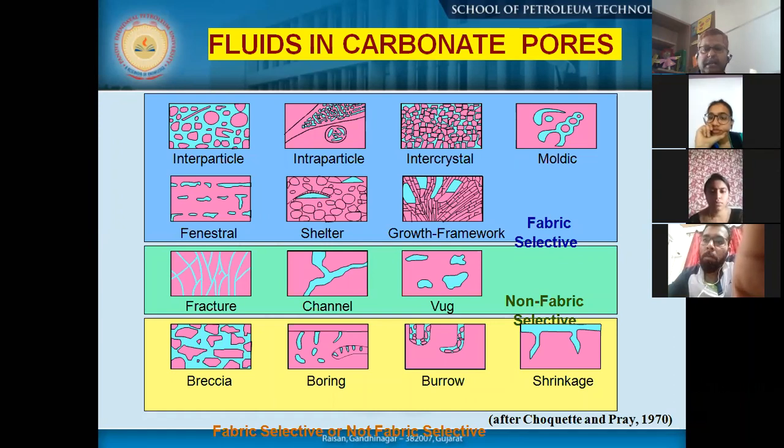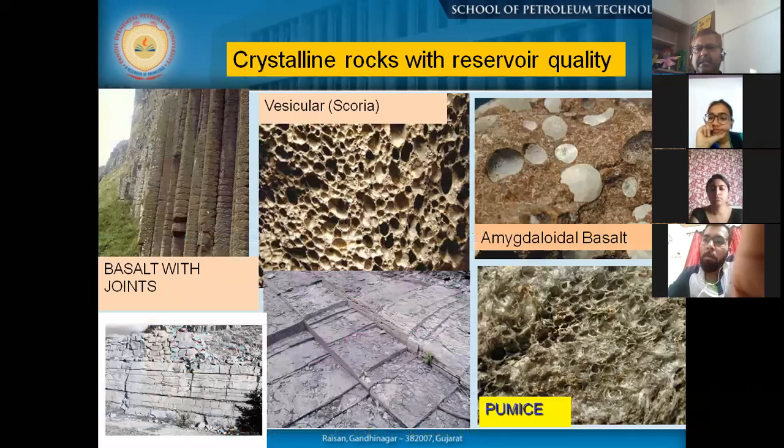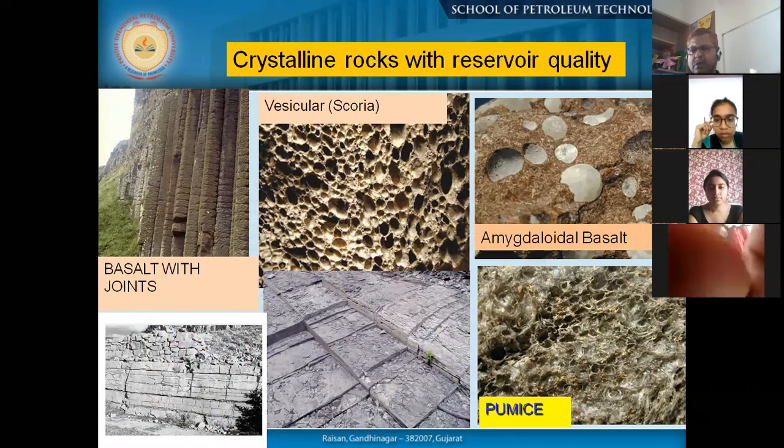So this is a crystalline rock reservoir. If you go back and try to understand, a sandstone reservoir is more or less homogeneous in its porosity distribution throughout the rock. But in a carbonate reservoir you don't have this sort of homogeneity.